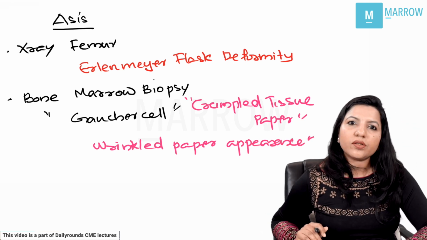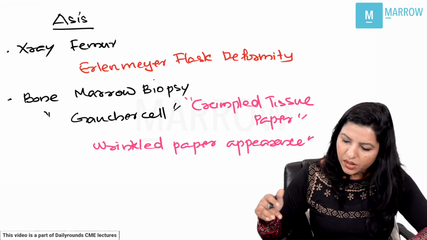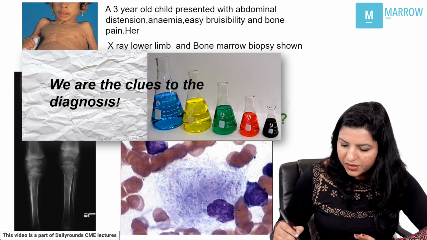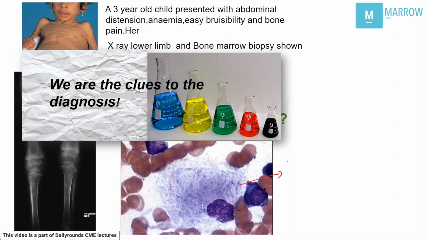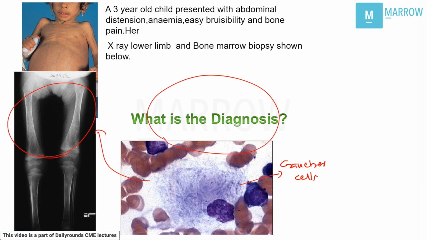So that is the diagnosis of Gaucher disease. This is the Gaucher cell, with the crumpled tissue paper appearance, and this is the Erlenmeyer flask deformity that you see in the X-ray of the femur.